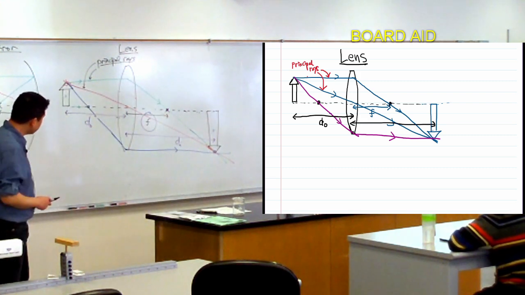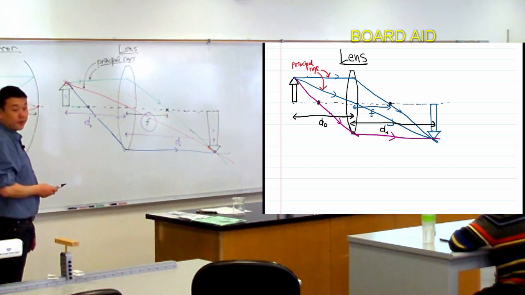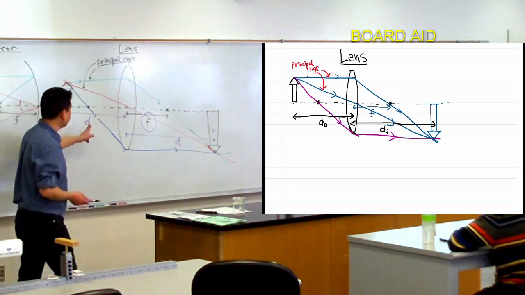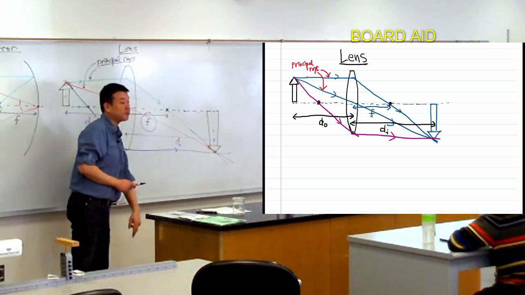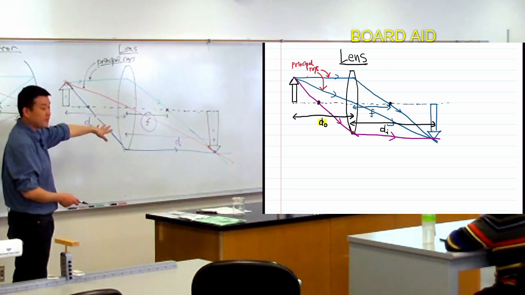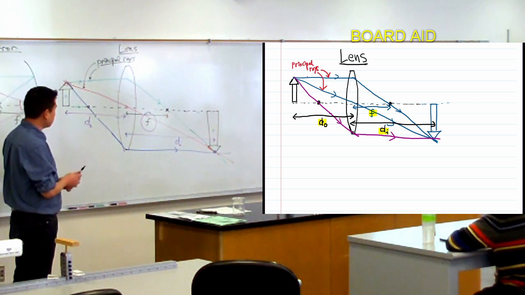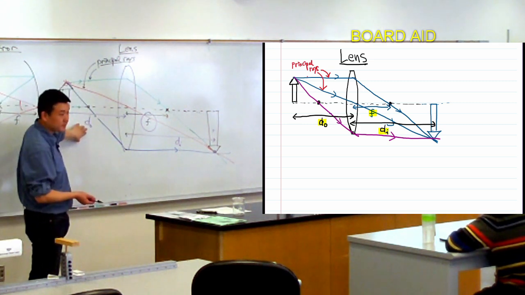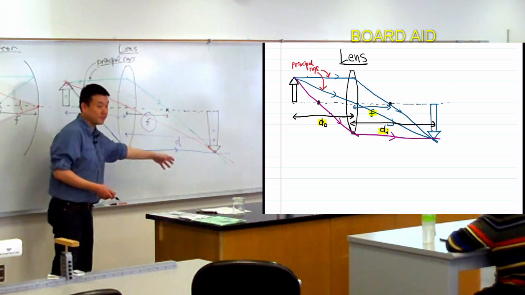So it's a geometry question. How do you relate these 1, 2, 3 variables? There's one single equation that'll have all those 3 things in it. Normally you would know the focal length, you would determine the object distance, and then from there you can get the image distance.